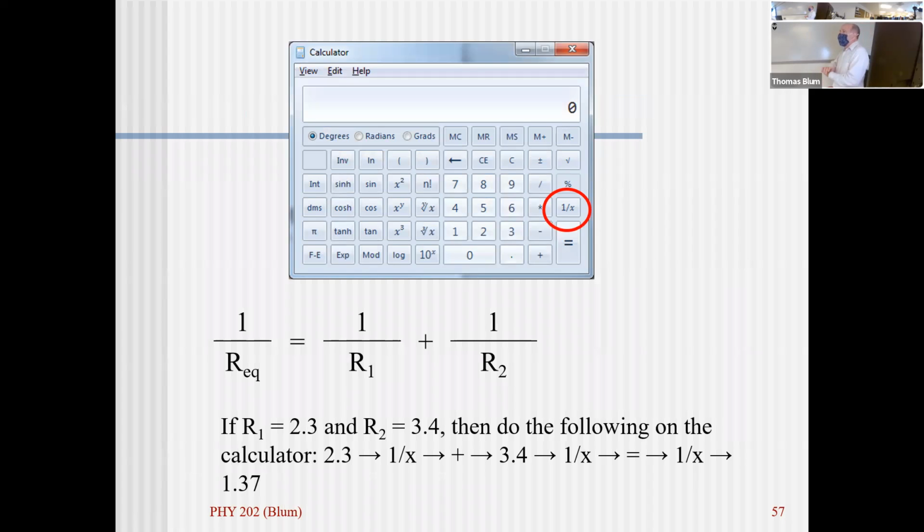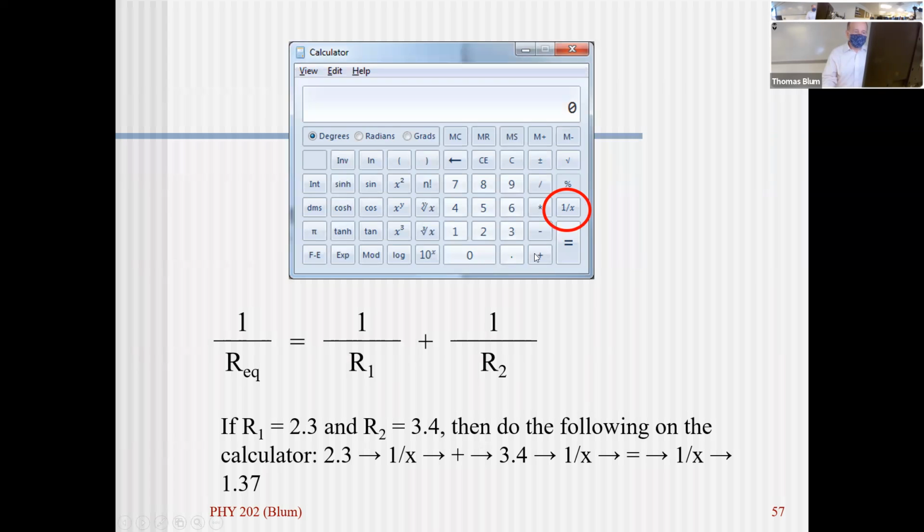Okay. How to do the math. You can do the math any way you want to do the math. I'm showing you a way to do the math. The calculator that's on most computers has a reciprocal button. So if I had 2.3 and 3.4 in parallel, then I can type in 2.3 and then hit my reciprocal button.